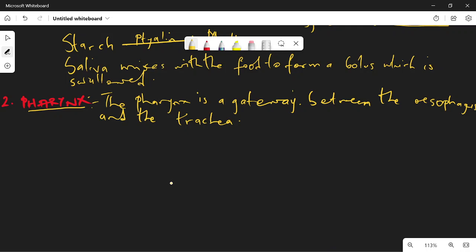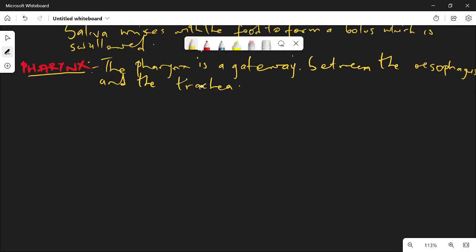Now let me quickly do a simple structural sketch. Let's assume we have something that looks like this.